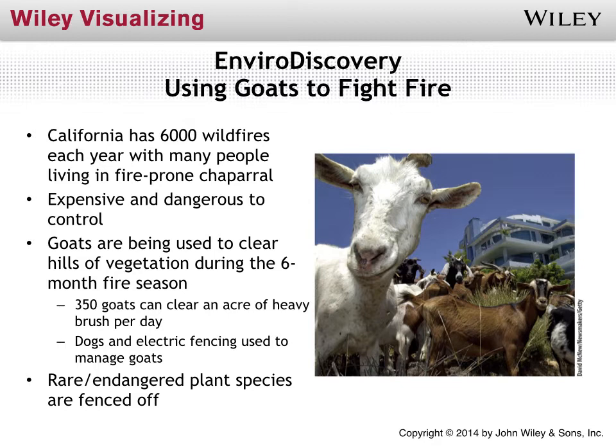So in areas where you have endangered plants, or you might have endangered plants, there's got to be some work to check that out first, and then if necessary actually fence off some of those areas so the goats don't browse those plants as well. Again, they're not selective. They'll eat what we think is good vegetation, and they'll eat what we think is bad vegetation. So it's kind of an all or nothing thing here. So there are definitely positive benefits, but there also are some negative side effects as well of using animals to graze vegetation.